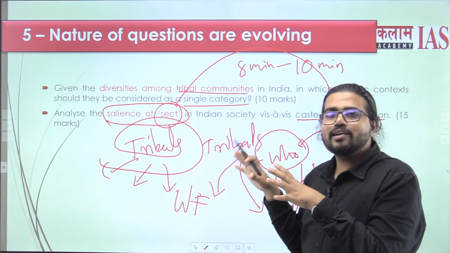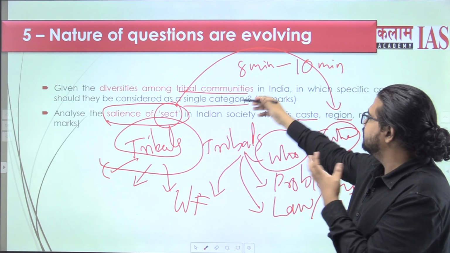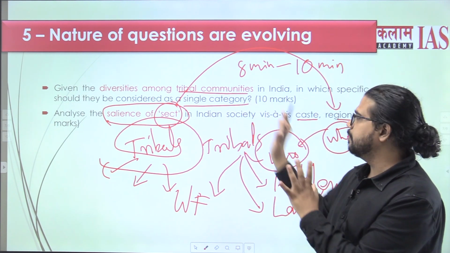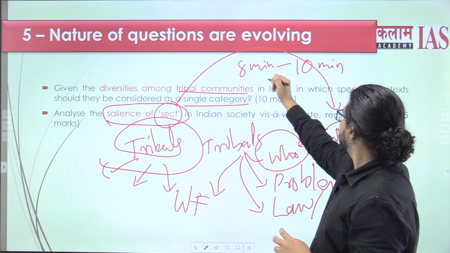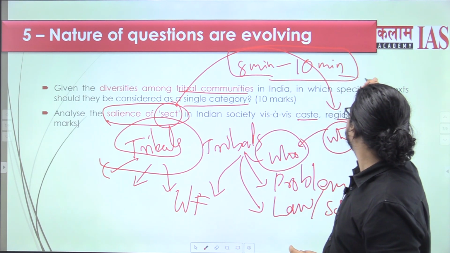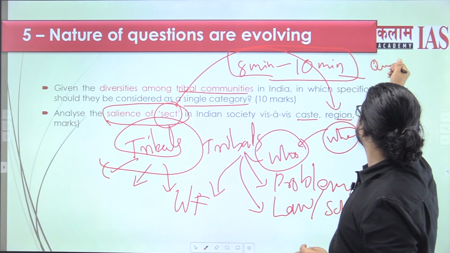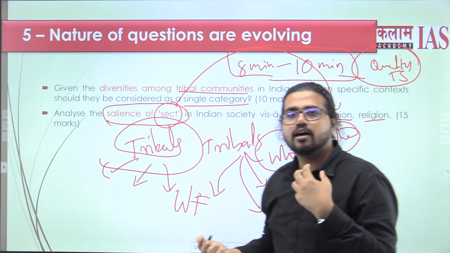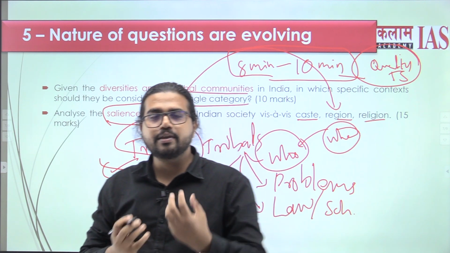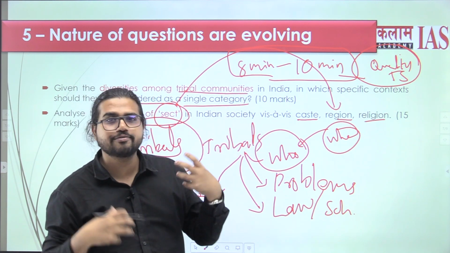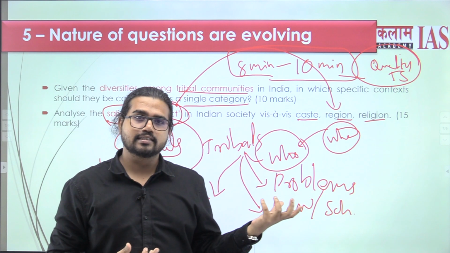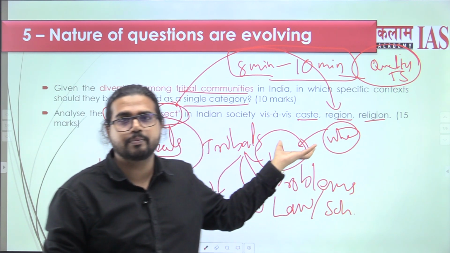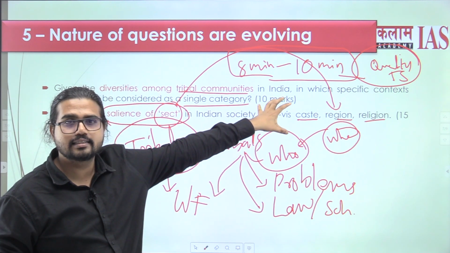How to use what knowledge you have into a decent structure for this answer and implement it in the paper. This skill you should evolve from doing quality test series. You should practice how your existing knowledge can be used in a very small amount of time in different types of questions that are being asked, which may not be directly what you prepared. This comes with a lot of practice.